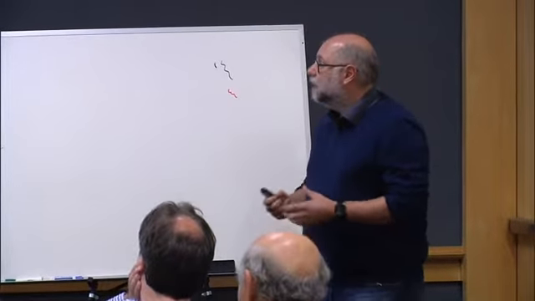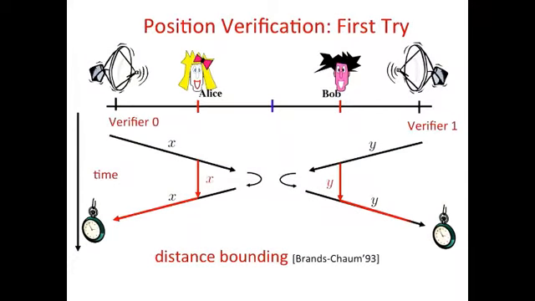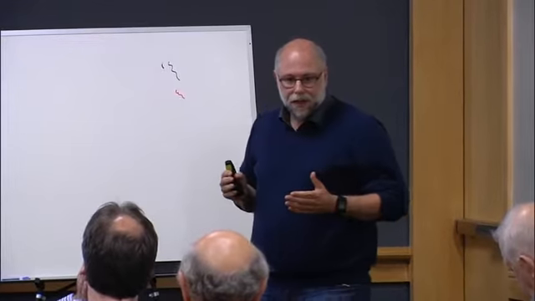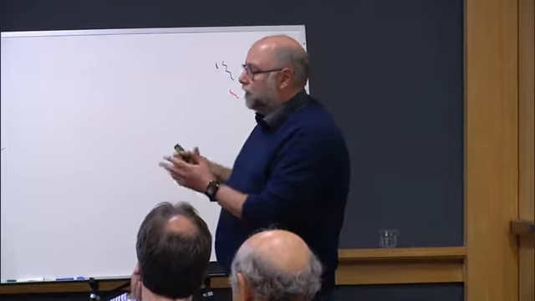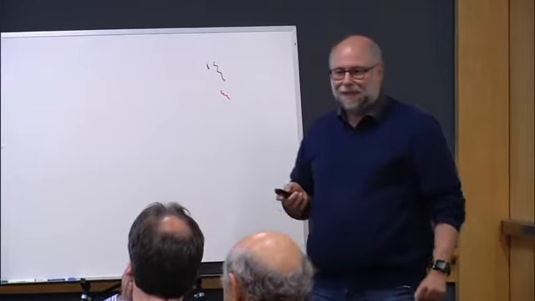Bob does the same thing, and so from the point of view of the verifiers, it appears as if there is someone at the blue spot, but there isn't. So this scheme is not secure.